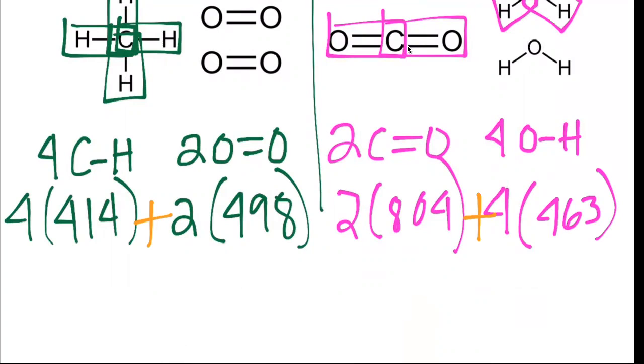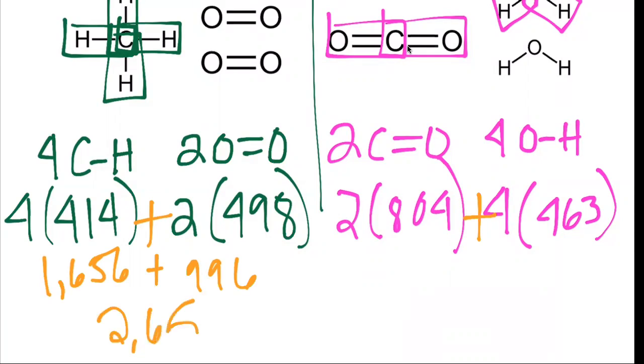So I haven't done this one yet, so let me put it in my calculator. 414 times 4. So this one is 1,656 plus 996. So total over here, we have 2,652 kilojoules per mole.